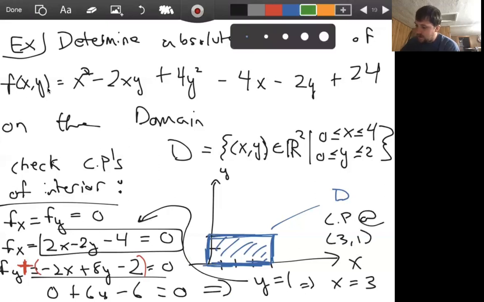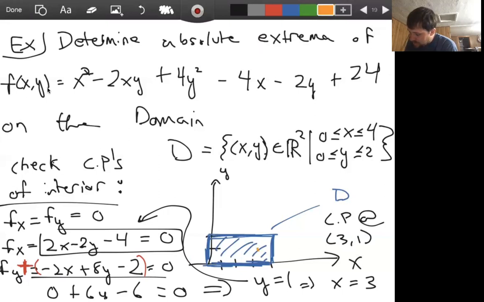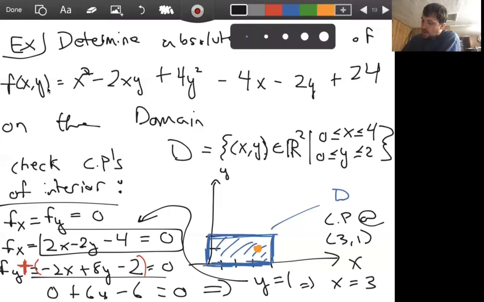If you look here at the interior, you march 1, 2, 3 over, 1 up. So we have a critical point here, and this is one possibility for an absolute max or an absolute min.